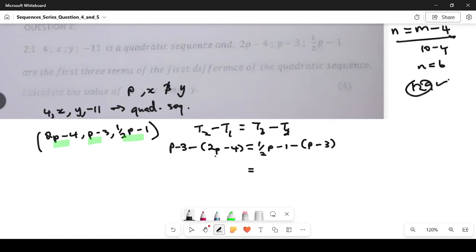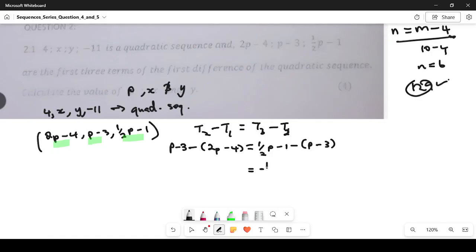So let me get rid of my brackets and then simplify my like terms, and thereafter I will need to solve for p. And also notice that this is a homogeneous equation because there's only one unknown, which makes it possible to solve for p. So therefore here I will have minus p and plus 3. What is positive half minus 1?